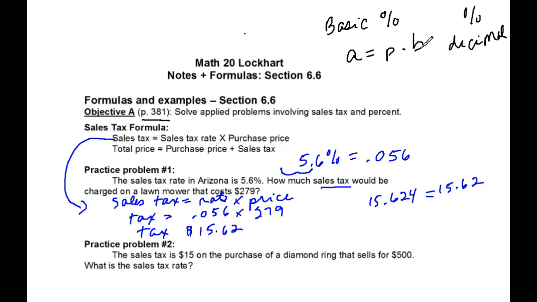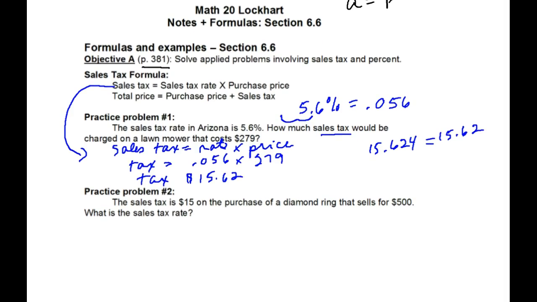The next problem says that we have the sales tax, it's $15, on the purchase of a diamond ring that sells for $500. What is the sales tax rate? So this time we're trying to find the rate. We'll use the same formula, the sales tax equals the rate times the purchase price.